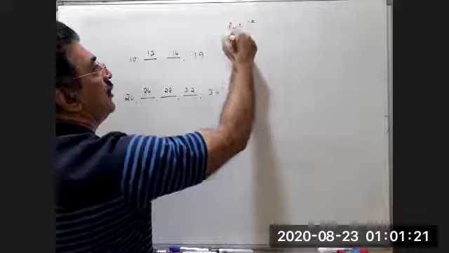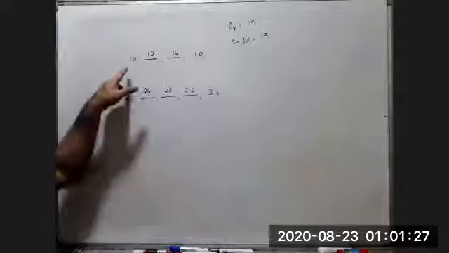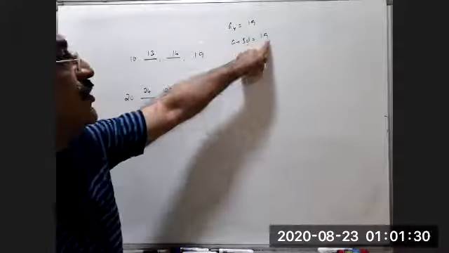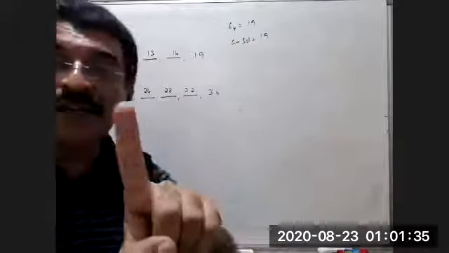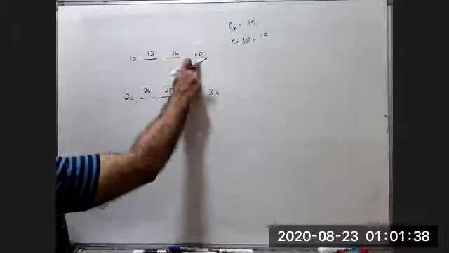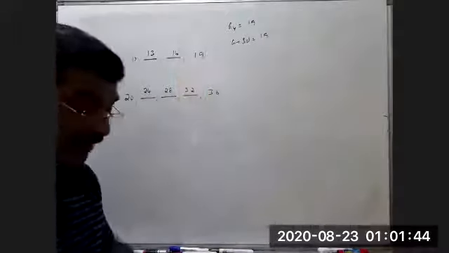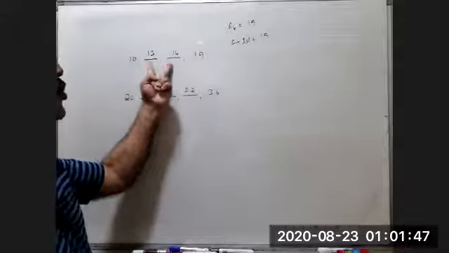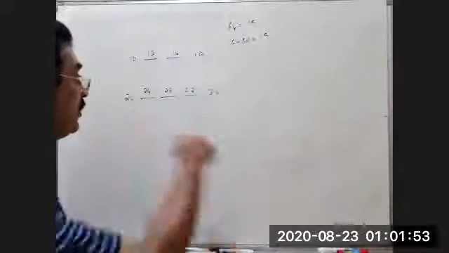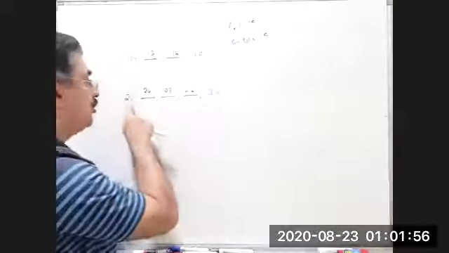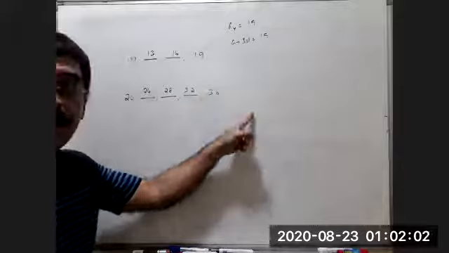That means a plus 3d is 19. a we already know is 10. 10 plus 3d is 19. So 3d is 19 minus 10, 9. 3d is 9. That means the difference between these two is 3 times d. Why 3 times d? Because there are two numbers in between. Similarly, if there are four numbers in between, in all we have 1, 2, 3, 4, 5 terms, so it will be a plus 4d. Did you get it?